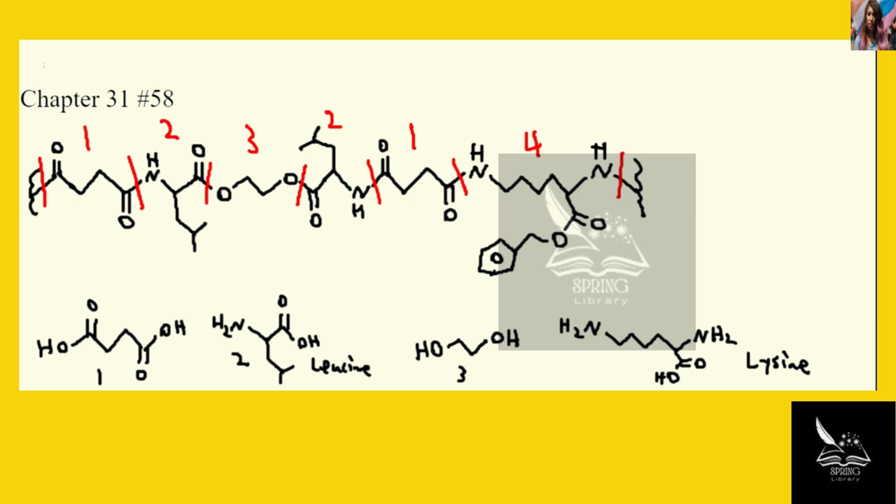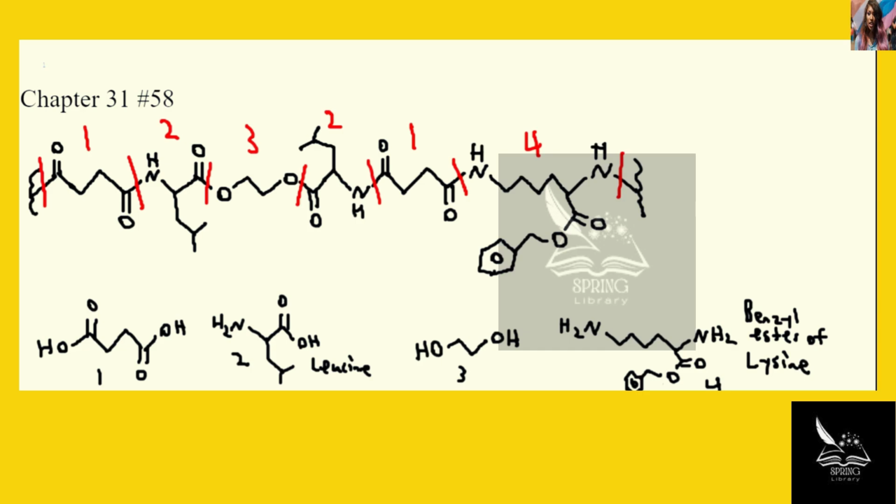However, what we have is the benzyl ester of lysine. So what we actually have here is this. Right? And so that's going to be the benzyl ester. Okay, and so again, that's monomer number 4.